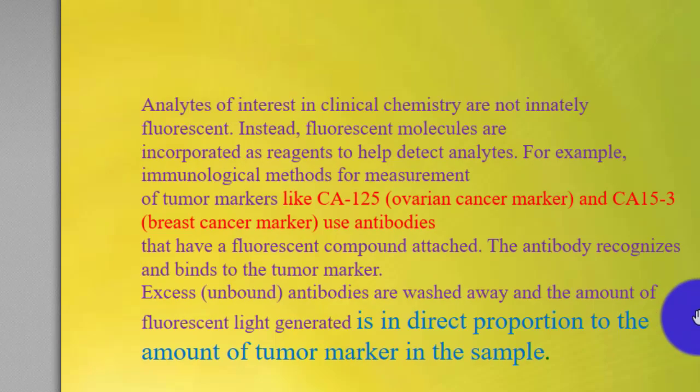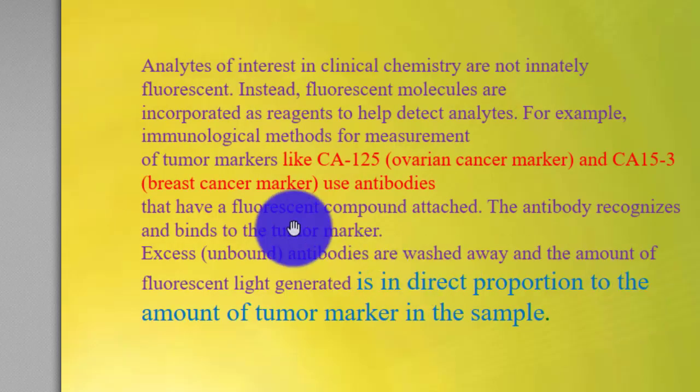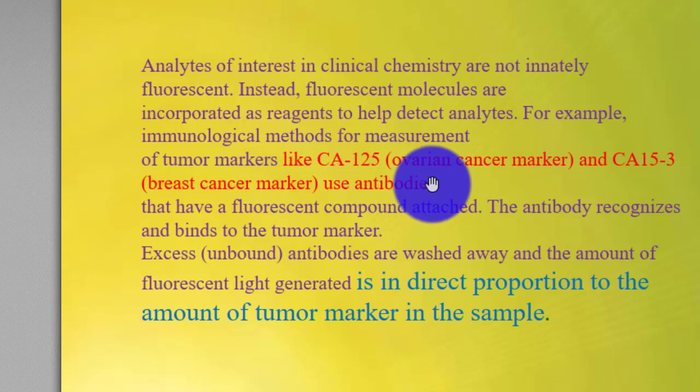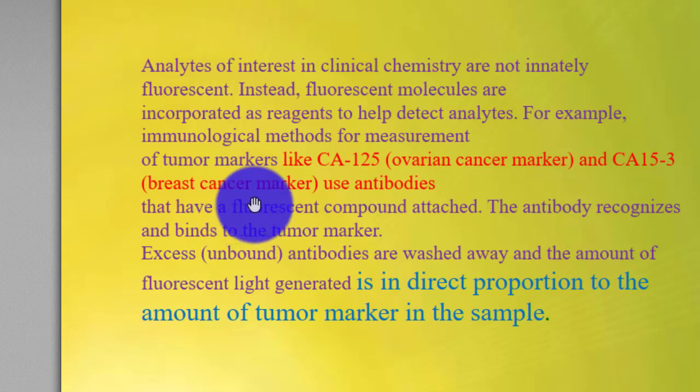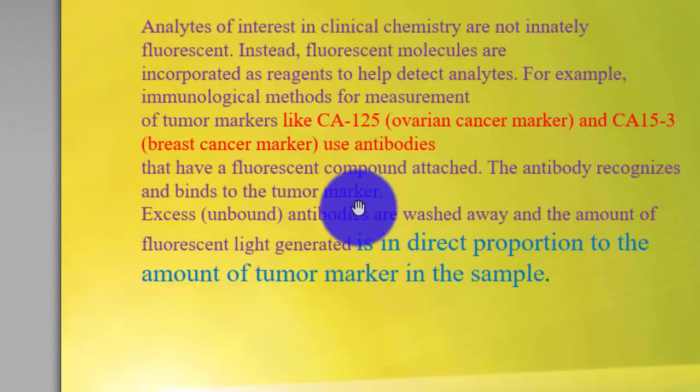Analytes of interest in clinical chemistry are not entirely fluorescent. Instead, fluorescent molecules are incorporated as reagents to help detect analytes. For example, immunological methods for measuring tumor markers like CA125, an ovarian cancer marker, and CA15-3, a breast cancer marker, use antibodies that have a fluorescent compound attached.